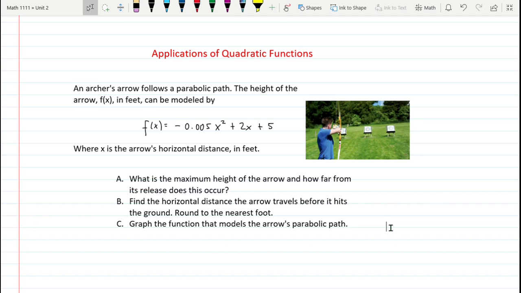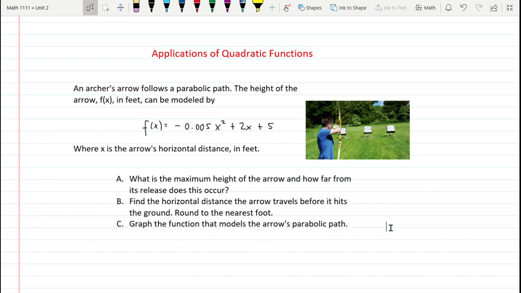B, find the horizontal distance the arrow travels before it hits the ground, and round that to the nearest foot. So you're trying to figure out how far away from the beginning the arrow lands, and the last part will be to graph this.